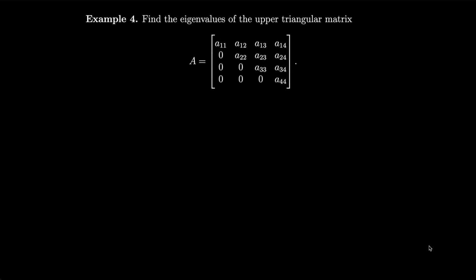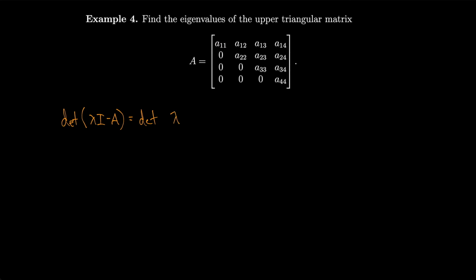Ready for another one? How about we find the eigenvalues of this upper triangular matrix? Well, again, we'll write out the determinant of lambda I minus A. We'll set that equal to the determinant of, well, I'll just take lambda minus each of these guys on the diagonal.